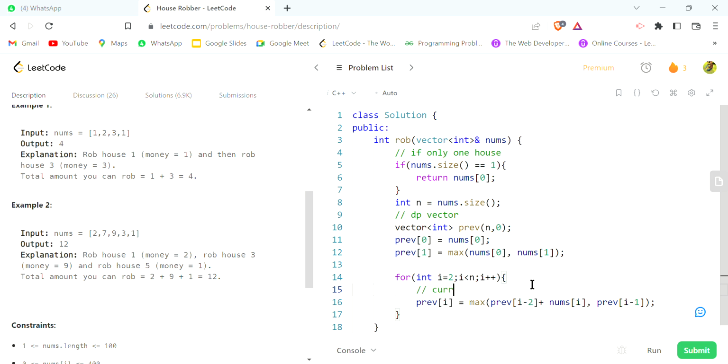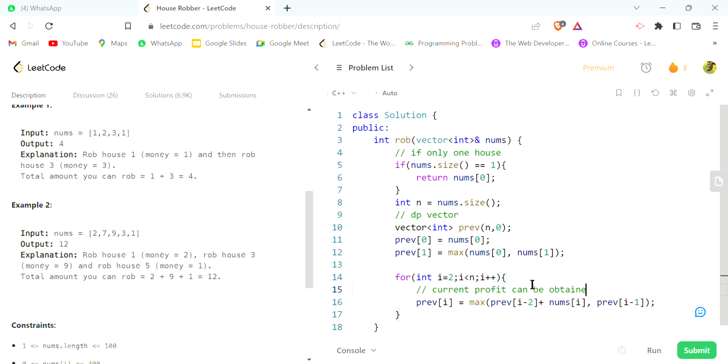Current profit is the maximum of the profit that can be obtained by two conditions. I am writing comments so that you can understand later.